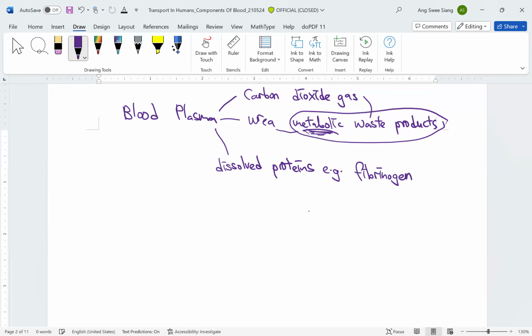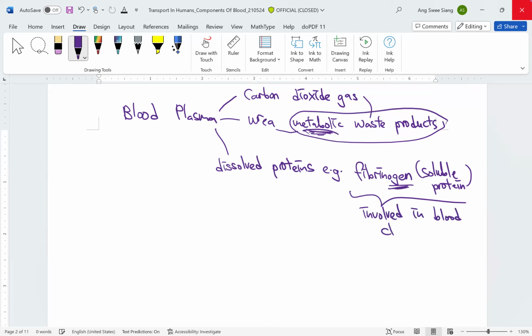Fibrinogen is a soluble protein. This is involved in blood clotting. First you need to know this fibrinogen is transported in the blood plasma.